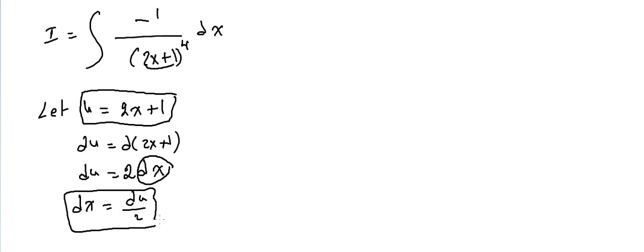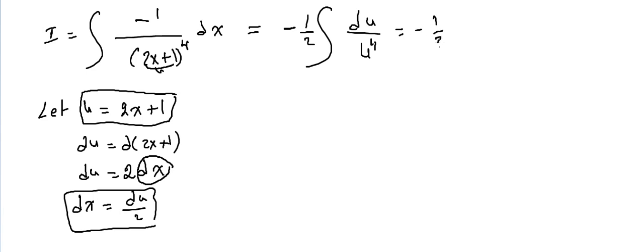So how can we continue from here? The minus is minus. Integral, what is dx? Dx is du divided by 2. So the half is outside and u is over here. What is this? This we considered as u to the power 4. So the answer will be minus half integral u power minus 4 du.